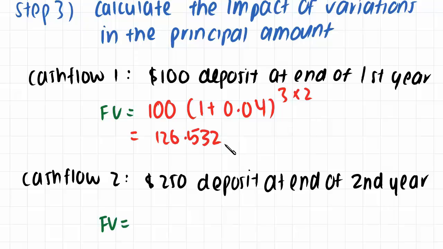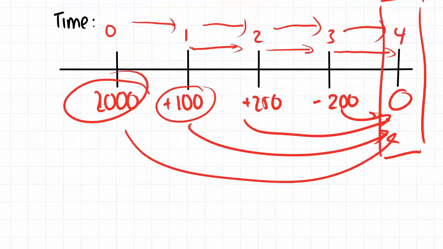So then we go to cash flow 2. There's a $250 deposit at the end of the second year. Again, if we go to our timeline, at the second year we only receive 2 years of compounding, from year 2 to 3 and from year 3 to 4, okay? So in total, there are only 4 periods of compounding: 2 years times the number of compounding per year, which is 2, so that gives us 4.